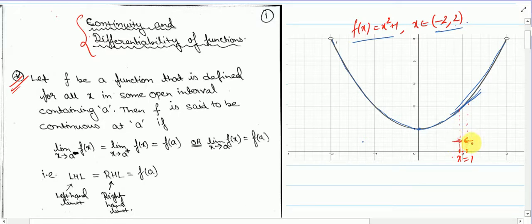It means that I am looking for the limit when x tends to 1.